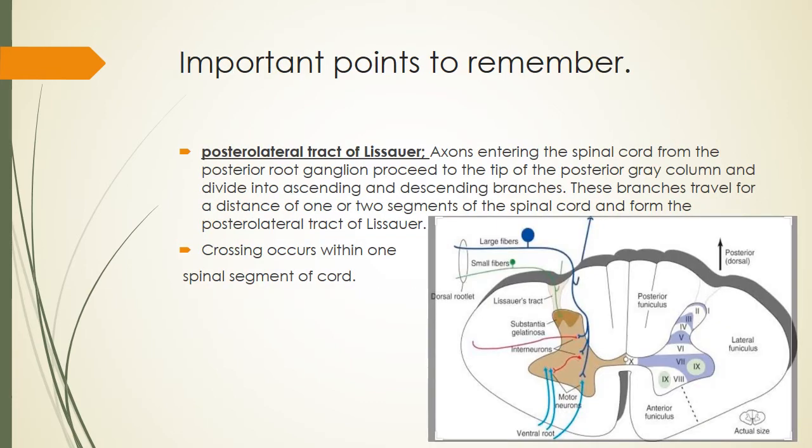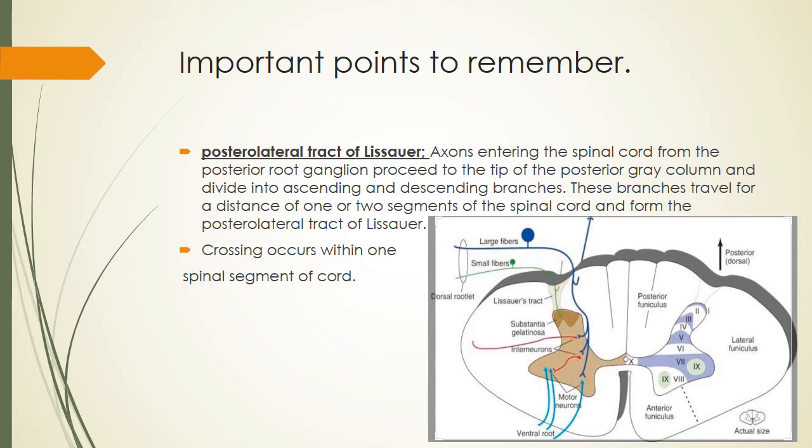Now a few important points which you need to remember. Number 1, the posterolateral tract of Lissauer. The axons entering the spinal cord from the posterior root ganglion proceed to the tip of the posterior gray column, and as I have just discussed, these fibers divide into ascending and descending branches.